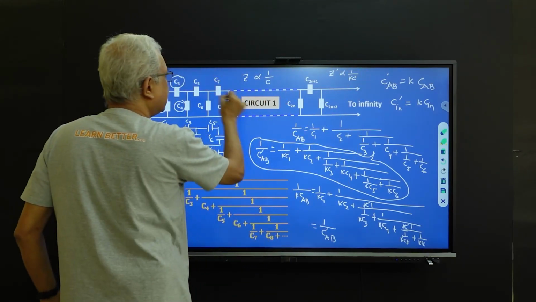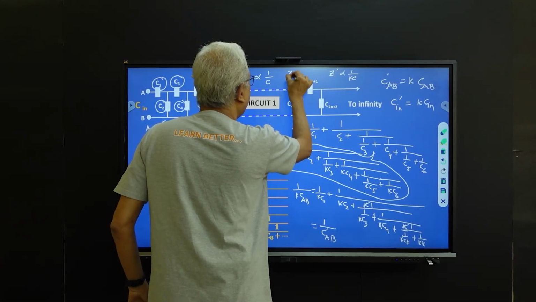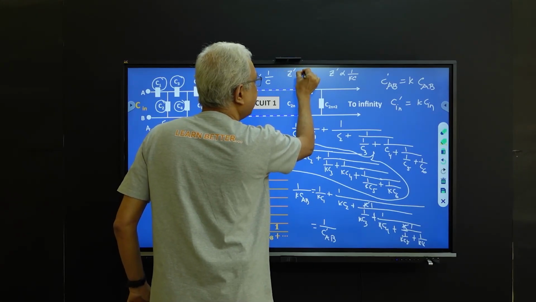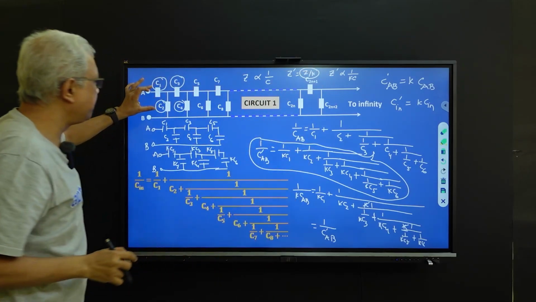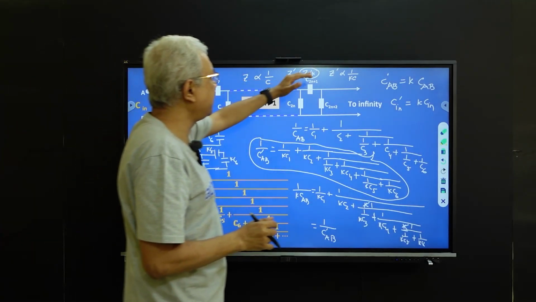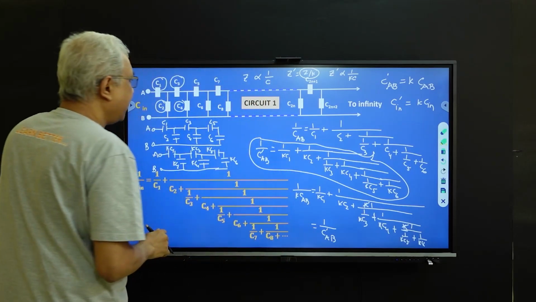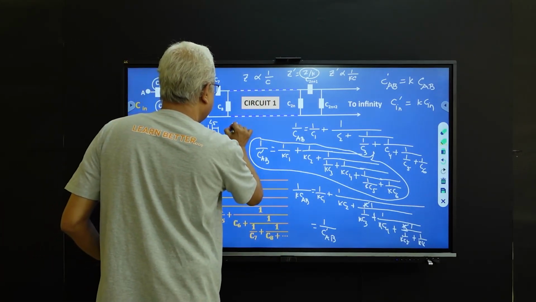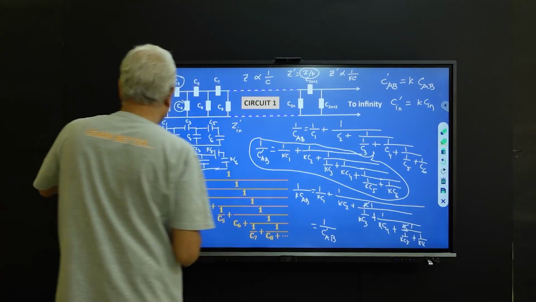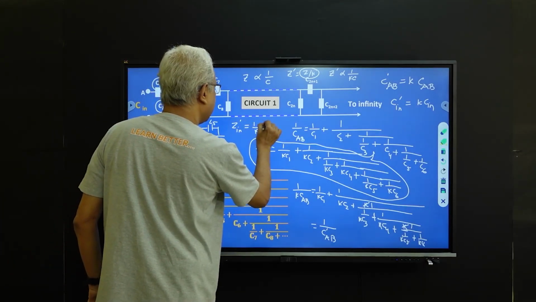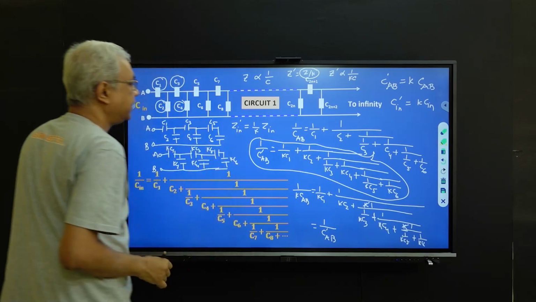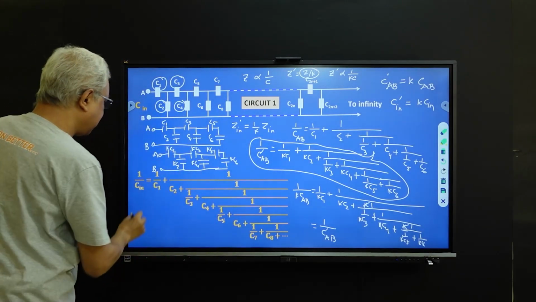So Z dash is Z by K. Each impedance is divided by K in that case, and therefore Z in dash, the input impedance of the circuit, is 1 by K times Z in.